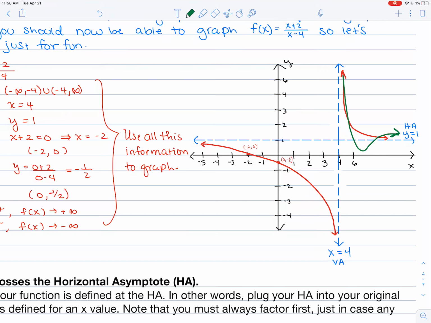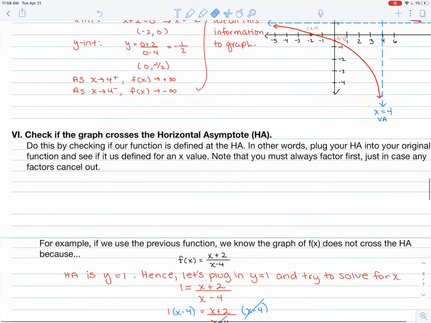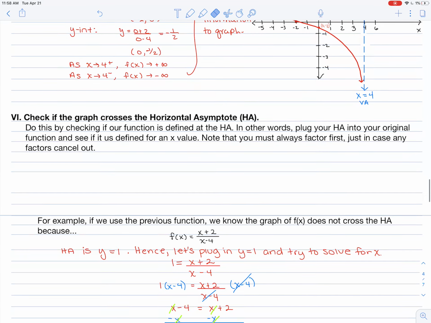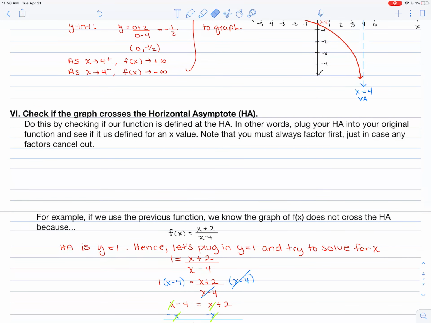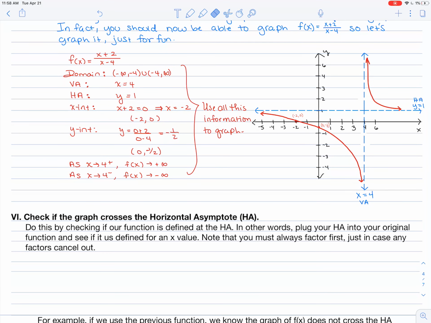Okay, we could have crossed the horizontal asymptote. So let's see, how is it that we look at that? And you know, I think I'm going to leave that for the next part. So join me next time to check how a graph crosses the horizontal asymptote, or how we check that it does.